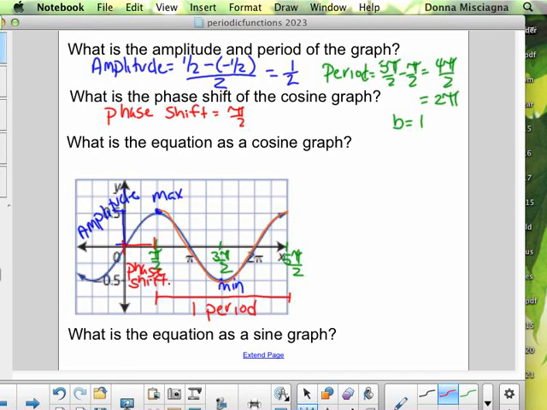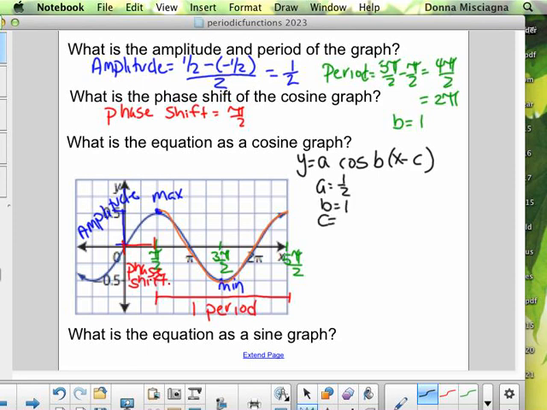So for the cosine graph, the format is y equals A cosine (Bx minus C). A is 1/2. B is 1, so we don't need that one.